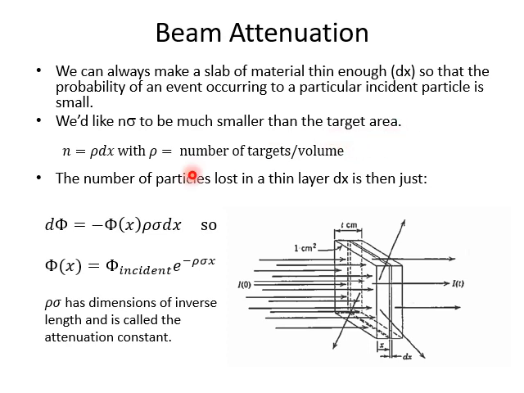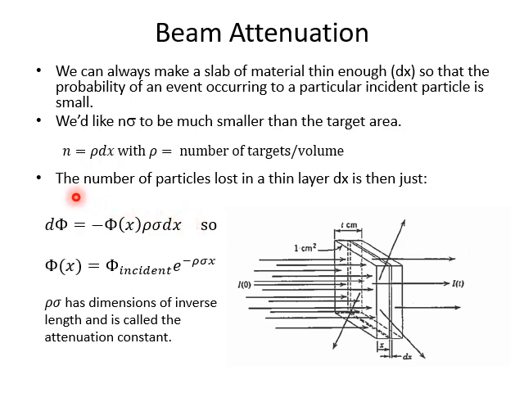All right. So the number of particles, that's actually number of particles per area, I take it back, is equal to the number of targets per unit volume, which we'll call rho, it's the density of targets, right, times the thickness of the slab, dx.